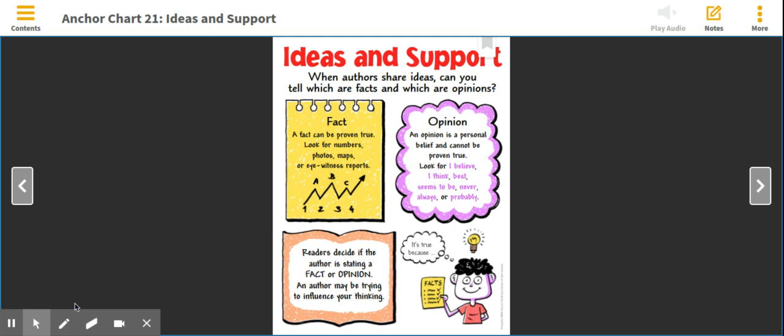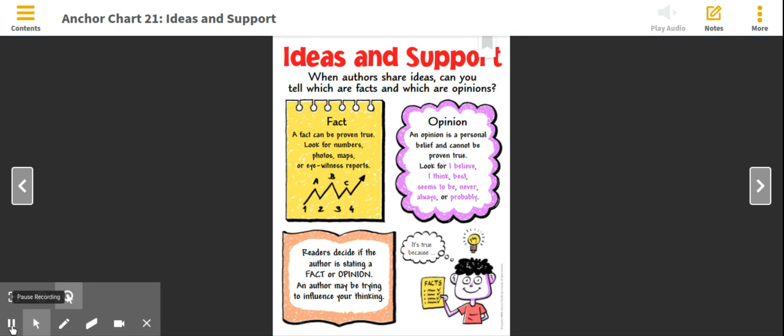If we look at the opinion side, in the upper right hand corner, you can see that an opinion is a personal belief and it cannot be proven true. An author supports his or her opinions with reasons and details. The supporting evidence often includes facts.